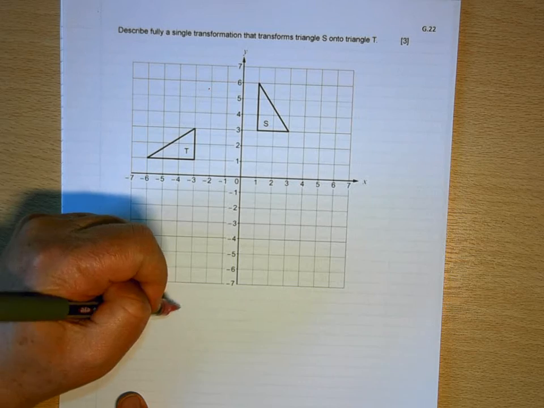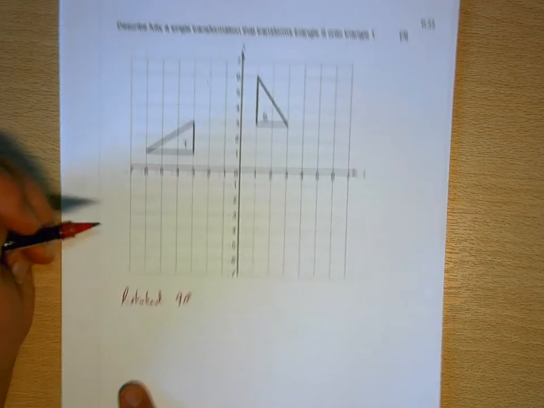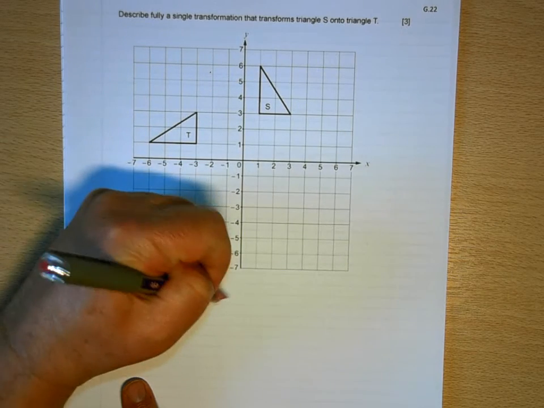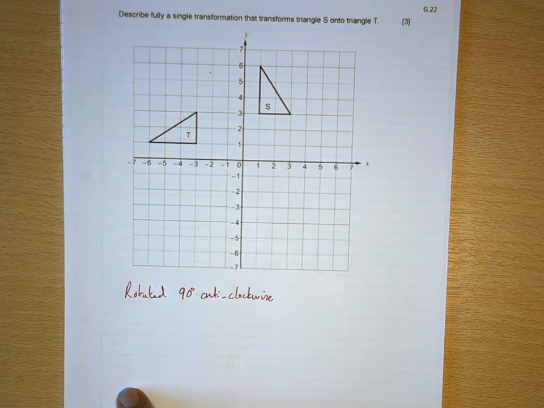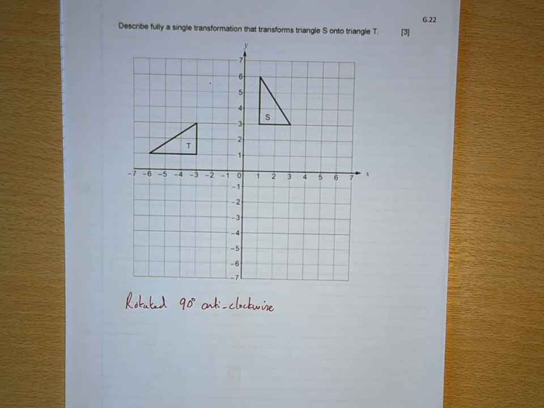So 90 degrees anti-clockwise. But I also need to say where it has been turned through. And if you get one as nasty as this, it's almost certainly going to be turned through the origin.